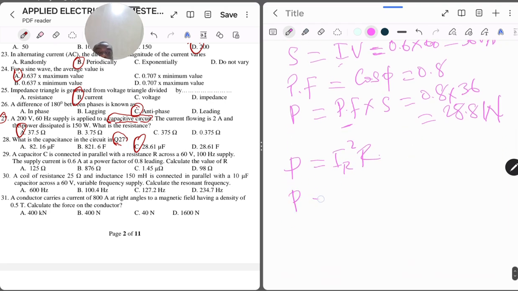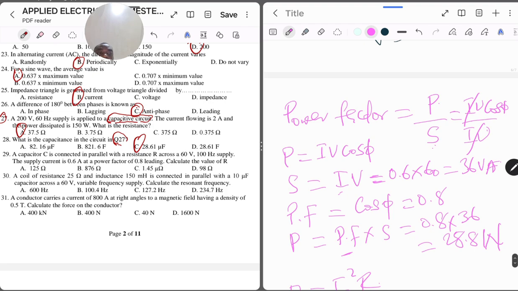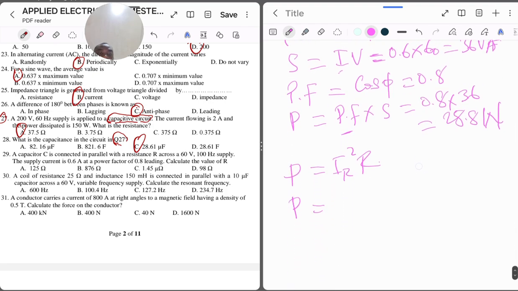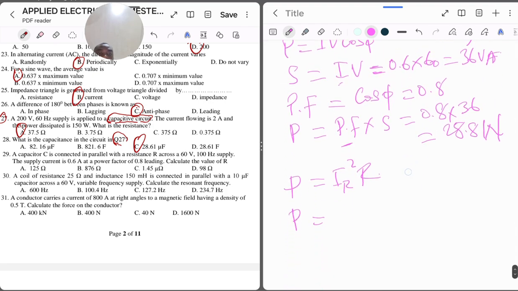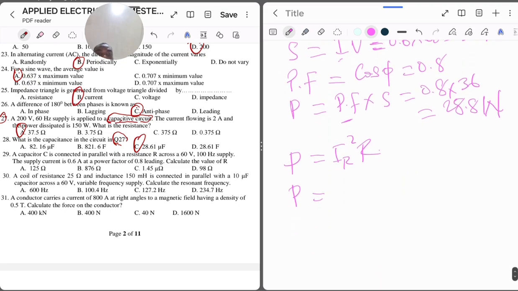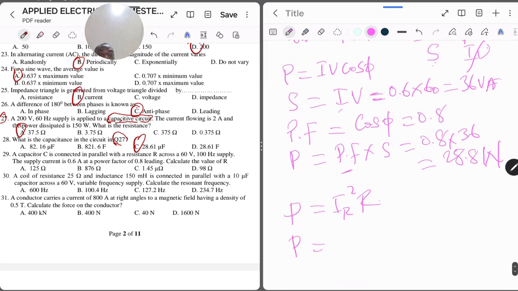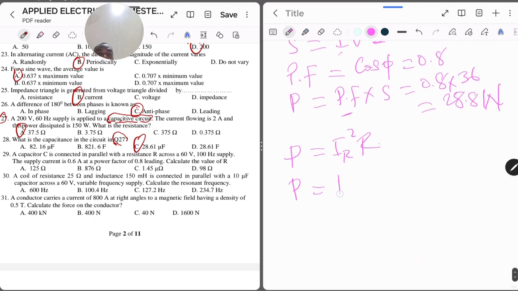And this can also be equal to, using the same formula here, the power factor times the apparent power.